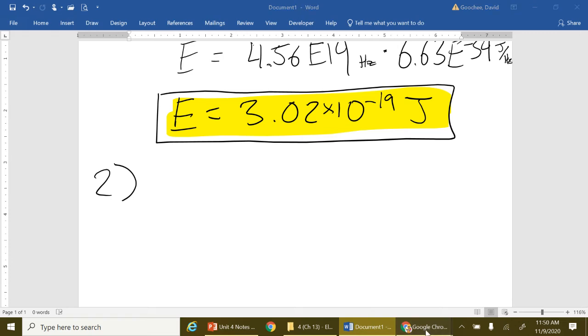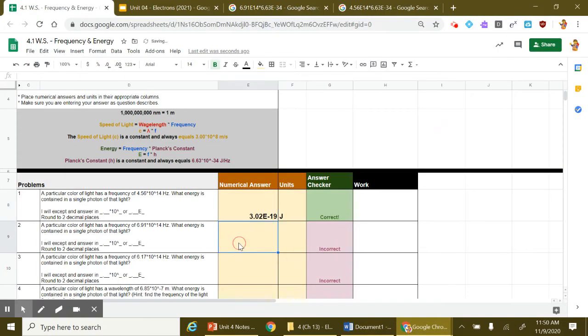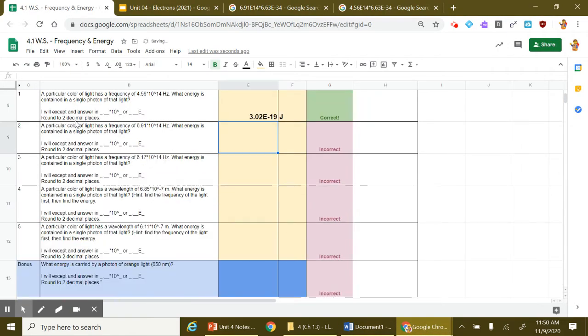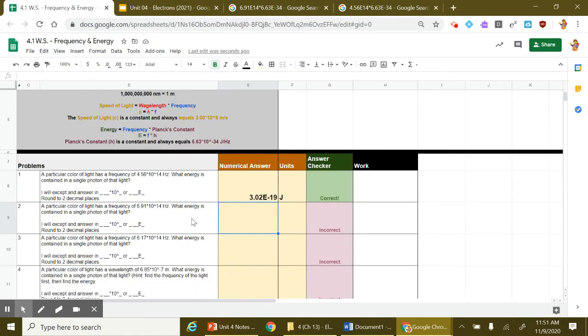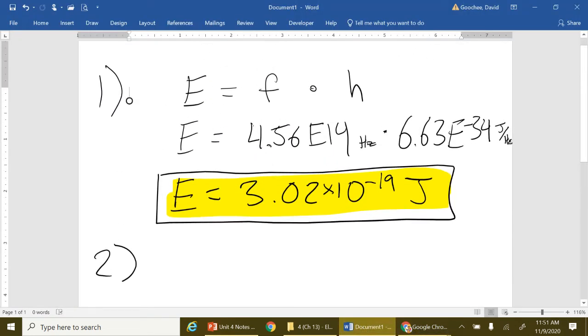What is problem number 2? Problem number 2 says that a particular color of light has a frequency of 6.91 times 10 to the 14th hertz. What energy is contained in a single photon of that light? Well, folks, it's the exact same formula. So here we go again. Energy contained in a photon of light equals the frequency times this constant.